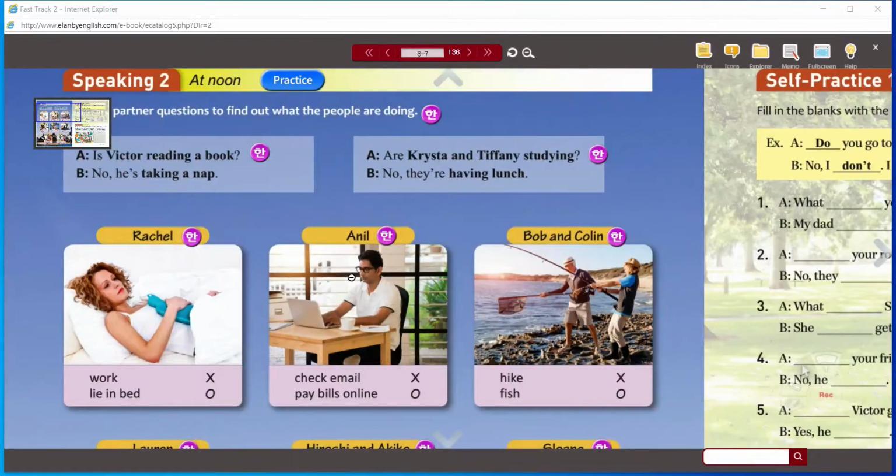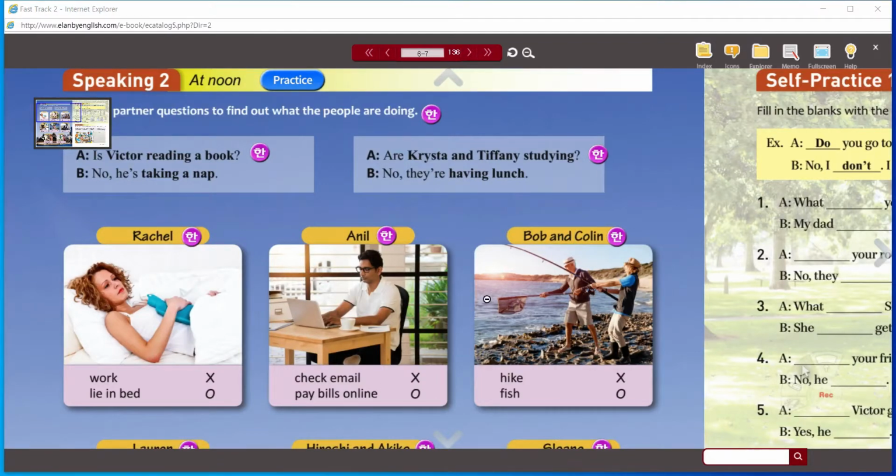All right, so just reviewing the answers here. We already talked about Rachel, and Anil will use a lot of the same forms. Okay, the difference is the subject pronouns will be different. So for Anil, is Anil checking his email? The answer? No. He's paying bills online. Okay, so that's what he is doing right now. What about Bob and Colin?